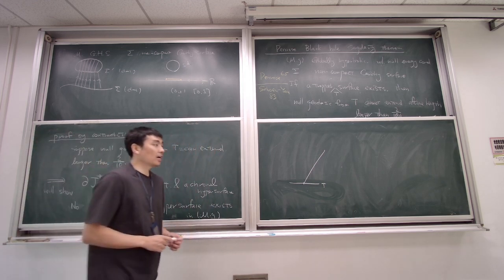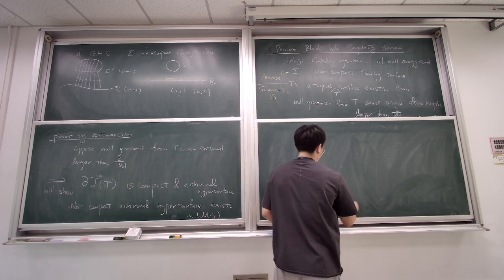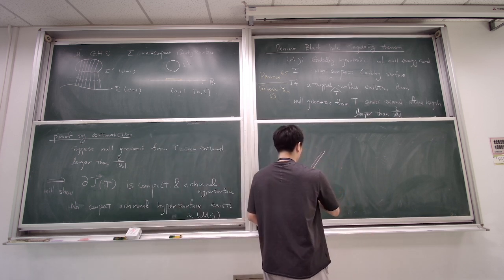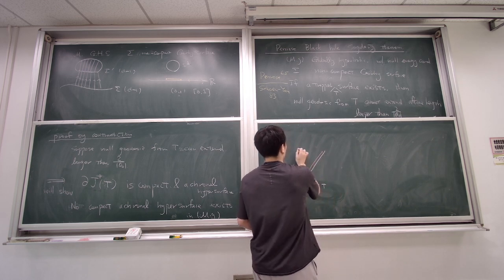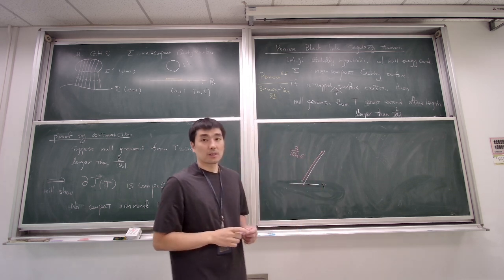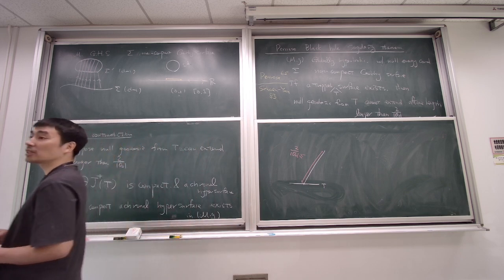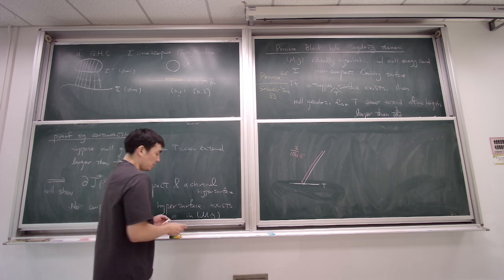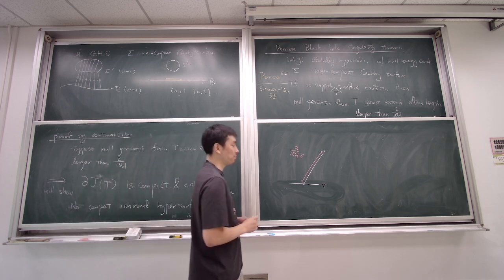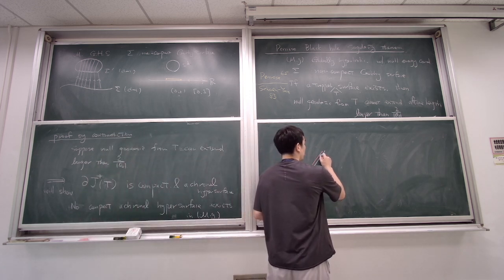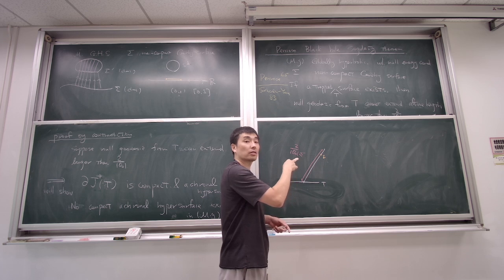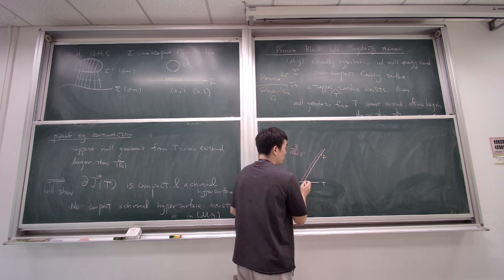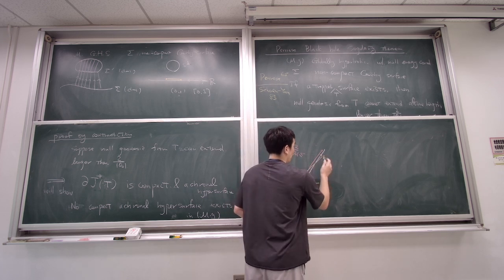Something like this, where the length is greater than 2 over theta zero. Suppose such a null geodesic exists. Then we know that there is a focusing theorem: there exists a focal point Q before 2 over theta zero, which means that some null geodesics will converge.